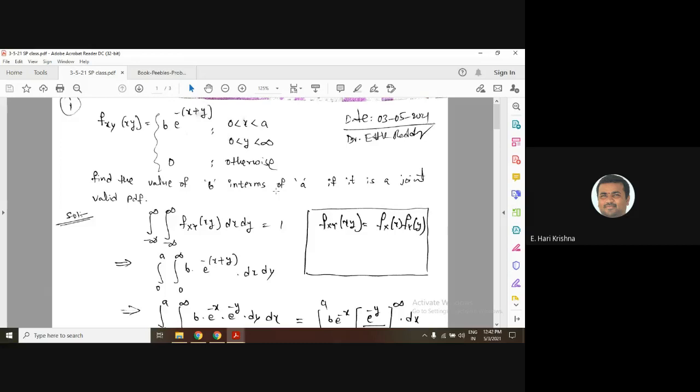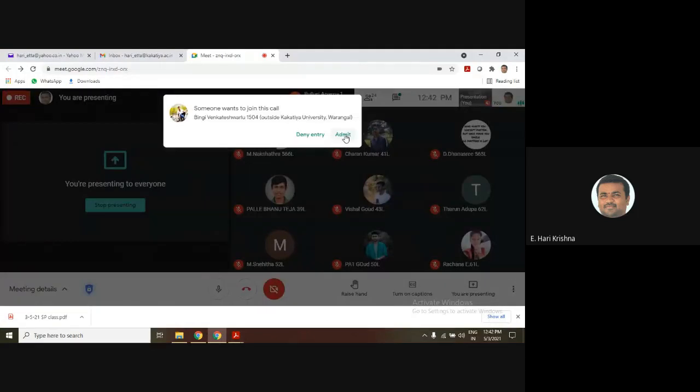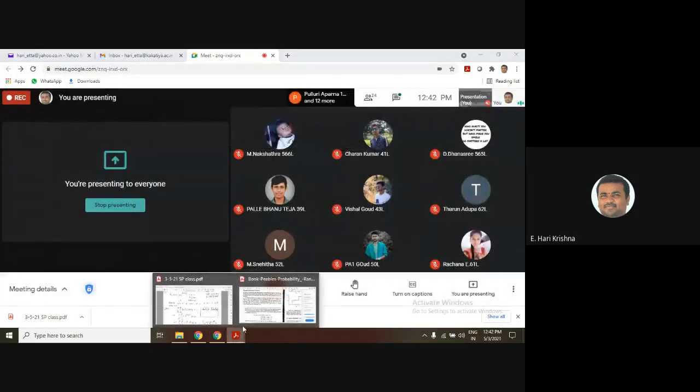The question is asking to find the value of b in terms of a if it is a valid joint probability density function. So from the properties of probability density function, whether it is a single random variable or multiple random variables, the area under the probability density function is always unity.